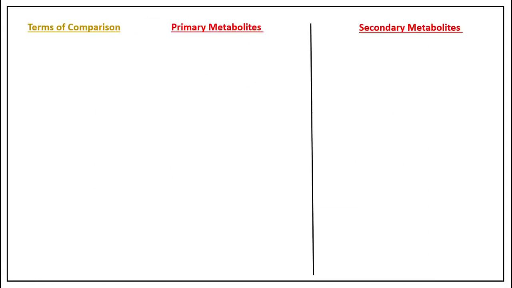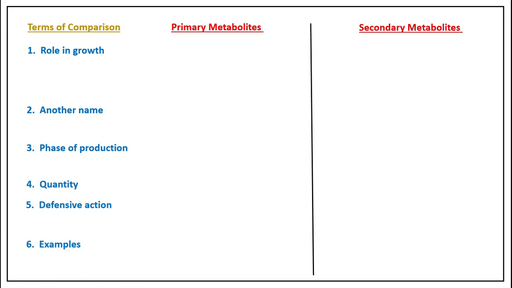So here I have included some terms of comparison like role in growth, another name, phase of production, quantity, defensive action, and then examples. How primary metabolites are different from secondary metabolites with respect to these terms, that we will discuss. So let's talk about role in growth. The primary metabolites are necessary for microbial growth and reproduction.